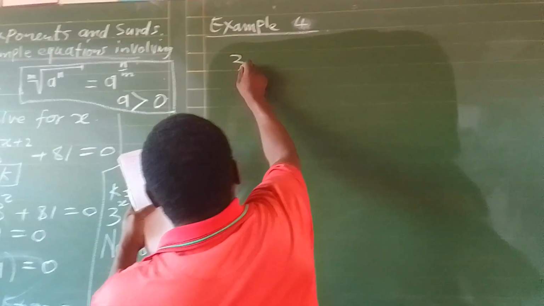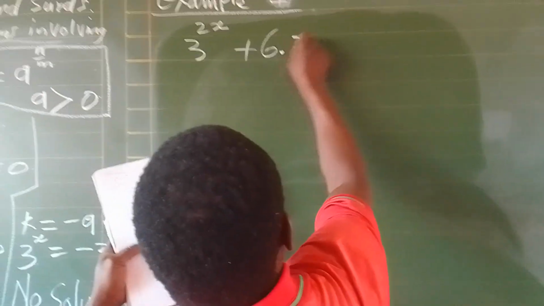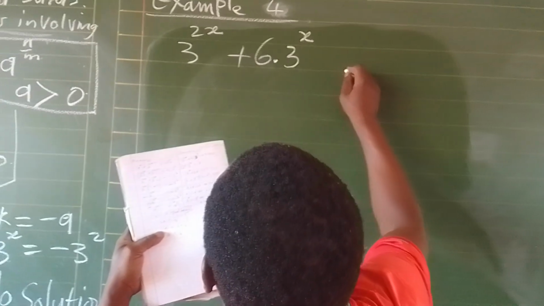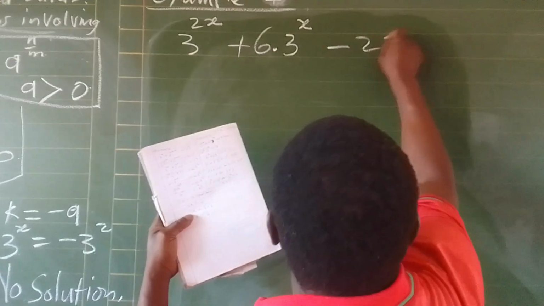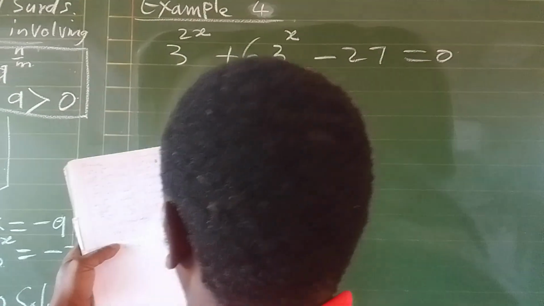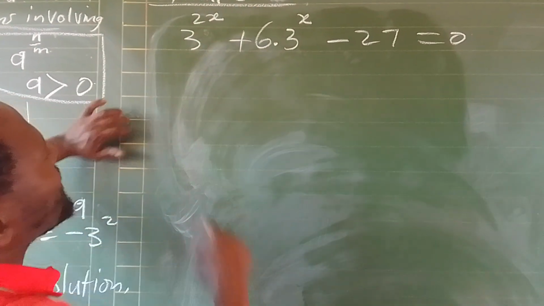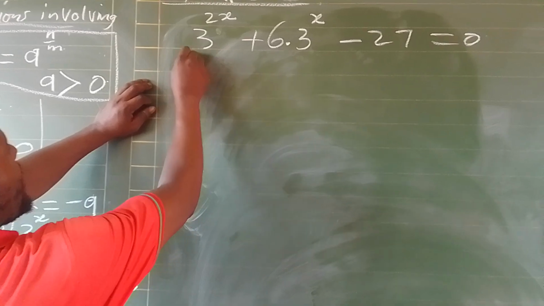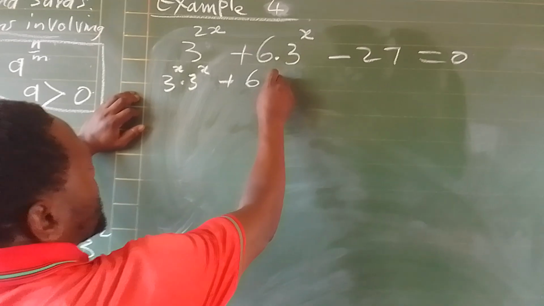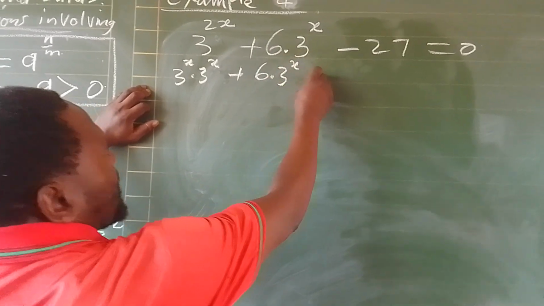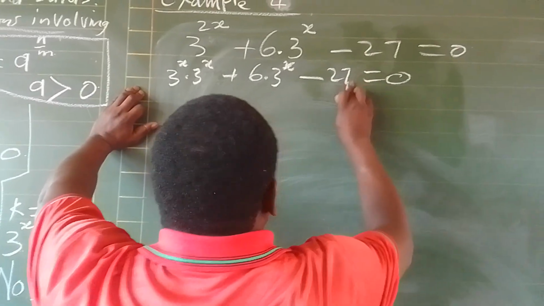Example number 4 says that 3 to the power 2x plus 6 times 3 to the power x minus 27 is equal to 0. Now, if you can check here, this is the same as 3 to the power x times 3 to the power x plus 6 times 3 to the power x minus 27 is equal to 0.